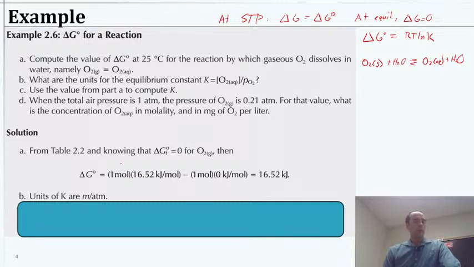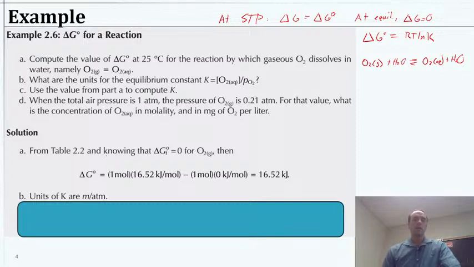They're saying we know that, so that should simply be that the delta G for formation at standard conditions is 0. Perhaps that's something I should have covered as a special detail, but we'll just take that for granted for a moment.